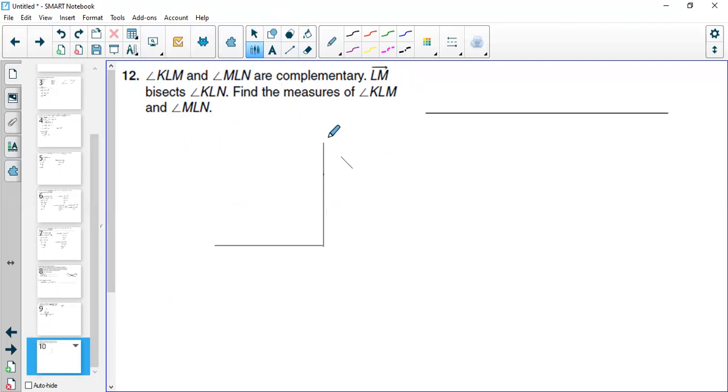So let me first name the common point for both. It's L. Then ray LM bisects KLN. So let me draw this for you. Okay, so they are saying LM is bisecting KLN.